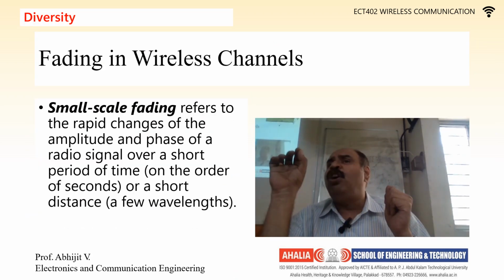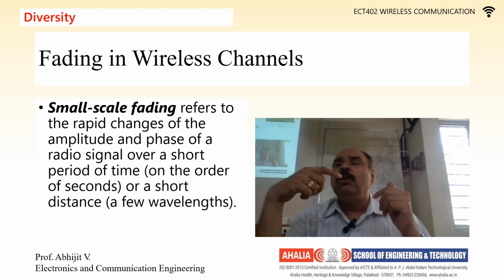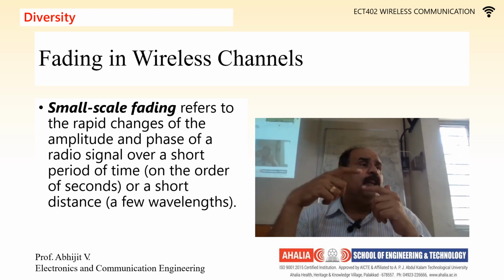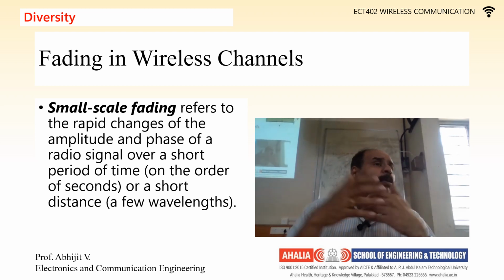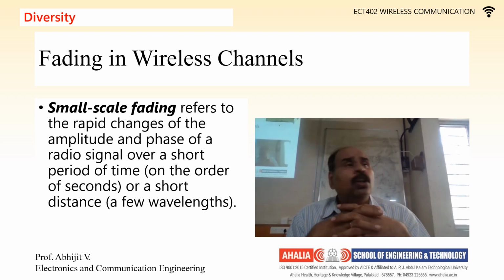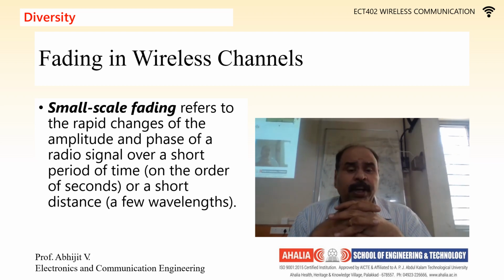So we'll have a small review of what we have already studied. What is small scale fading? Because we'll be doing most of these mitigation techniques for small scale fading.